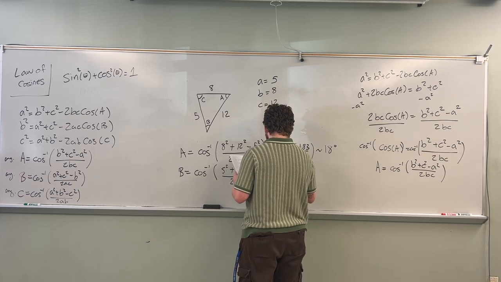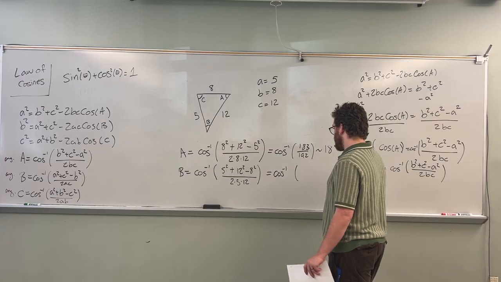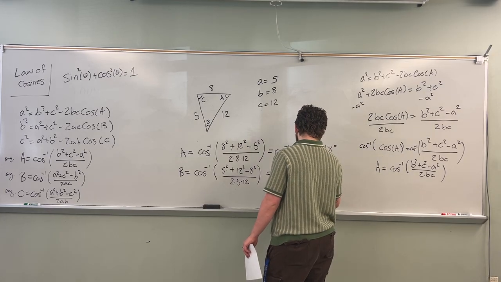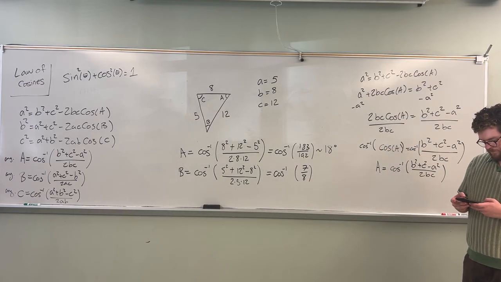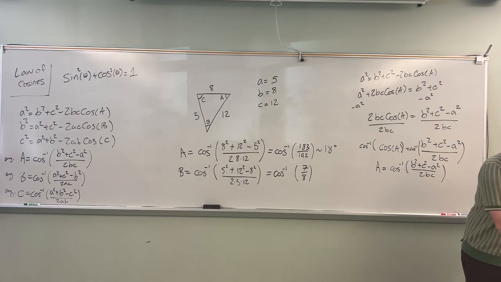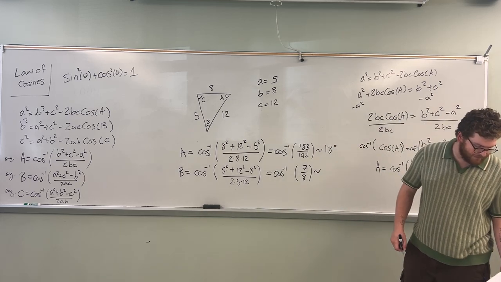If I punch this into my calculator, I get that this is the inverse cosine of, simplified, 7 over 8. Let me double check that. 5 squared plus 12 squared minus 8 squared divided by 120 is 7 over 8. Cool. And then this comes out to approximately 29 degrees.